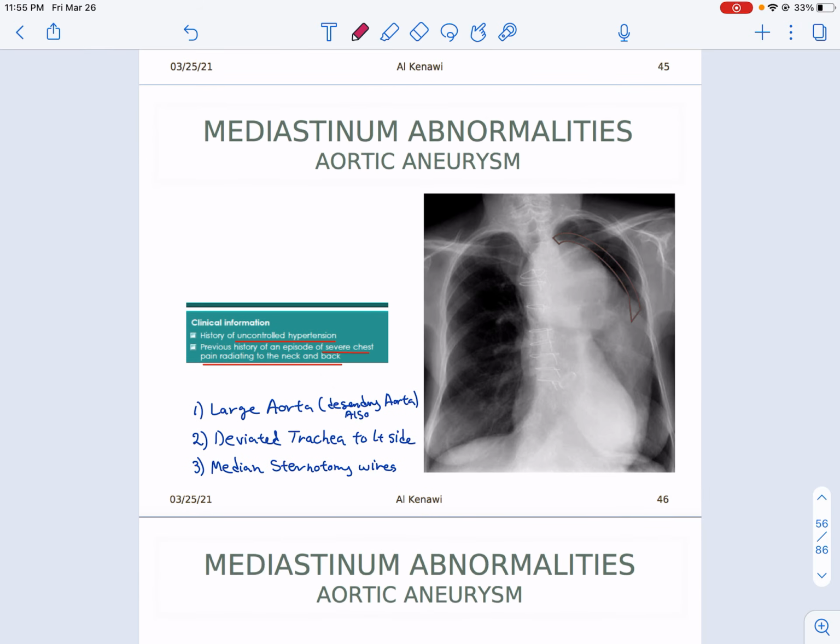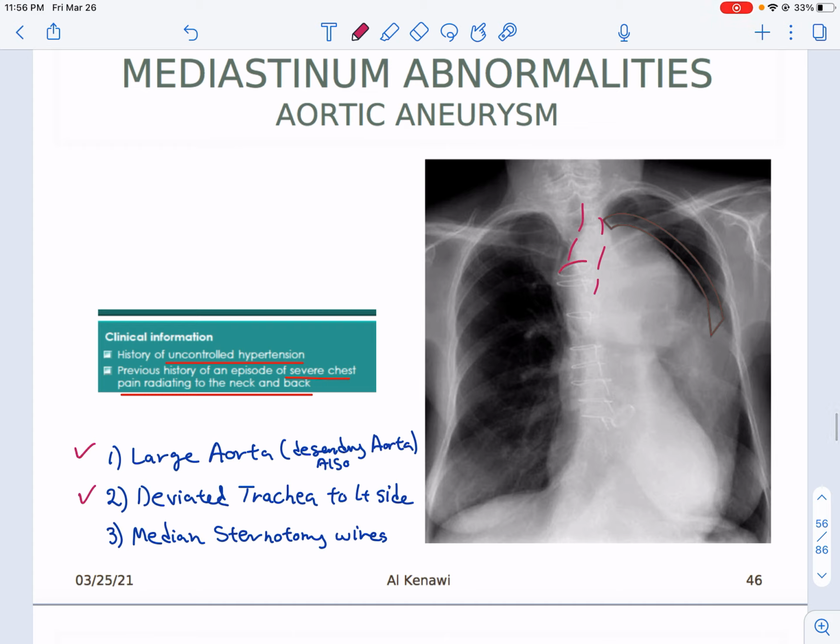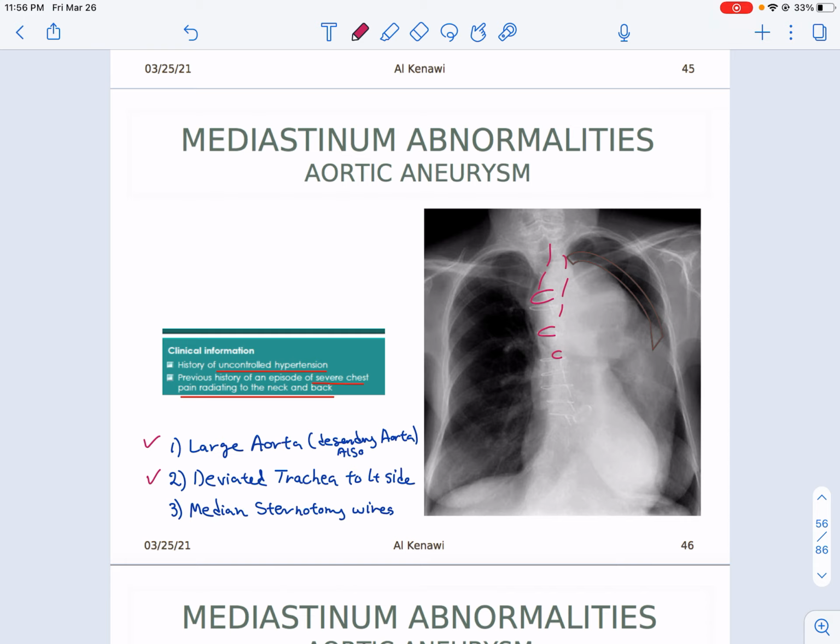For the aortic aneurysm, basically إذا شفنا large aorta وشفنا الtrachea صار لها deviated, as we see in this picture. I think you can see that the trachea is deviated, and here some median sternotomy wires, as you see here. So هذا indicates aortic aneurysm.